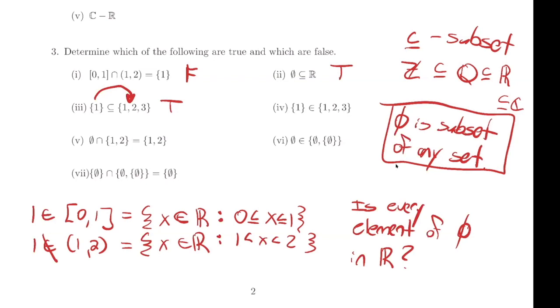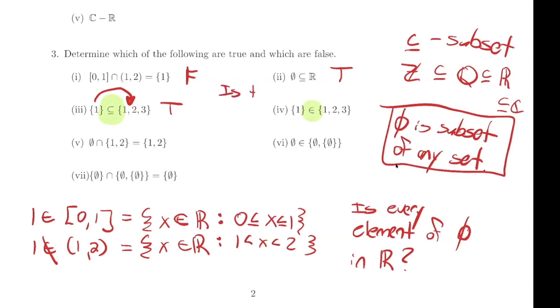A subtle difference in question 4 compared to question 3 is that this one has the subset notation, and that one has an element-of notation. So this is asking a different question. Is the set {1} an element of {1, 2, 3}? Here, this would be a false statement.